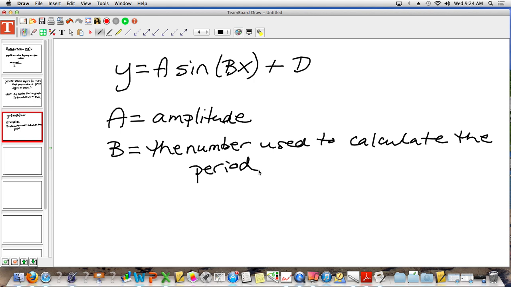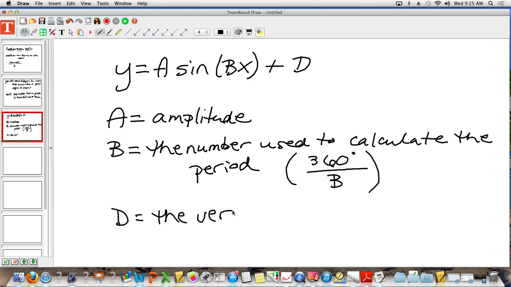So we need to make a note here, though. What specifically did we do to find the period? 360. Excellent. So in other words, we had to take 360 degrees and we had to divide it by what? We divided by B. Okay, nice, guys. 360. And D is the vertical shift.